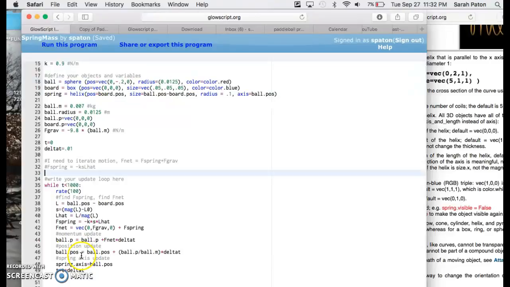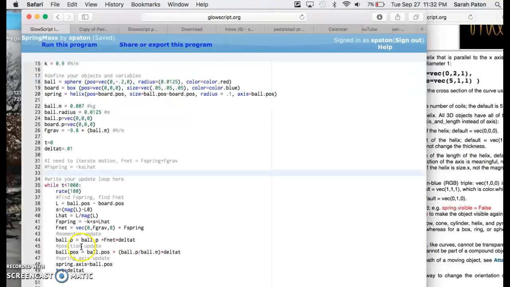The ball's position is assigned to the ball's previous position plus v average times delta t, and this v average I approximated by finding the v final, which works because the net force isn't changing much over a very small interval, so that's why I did p_f over m instead of the arithmetic average of v.